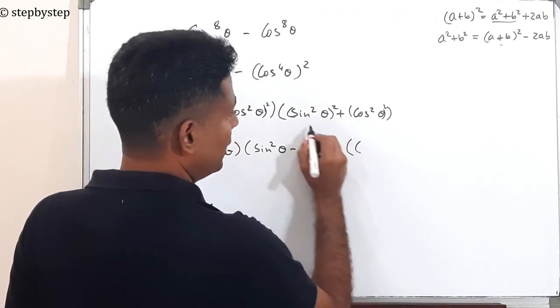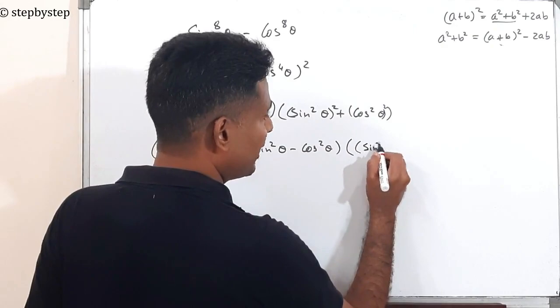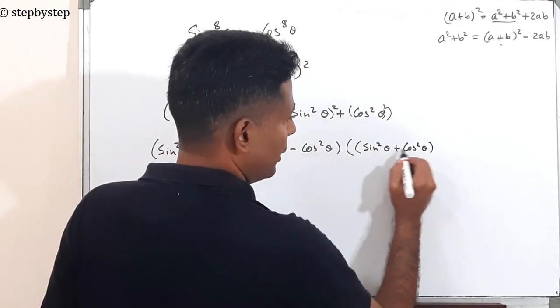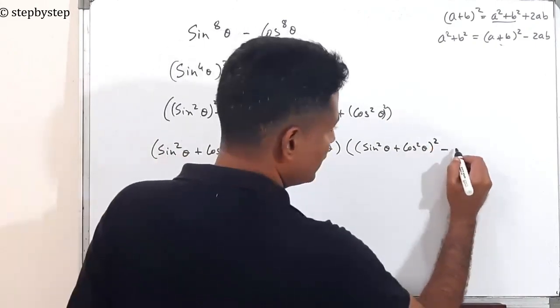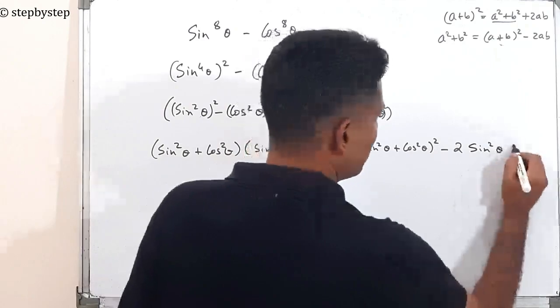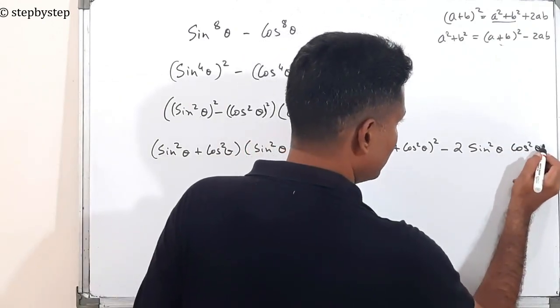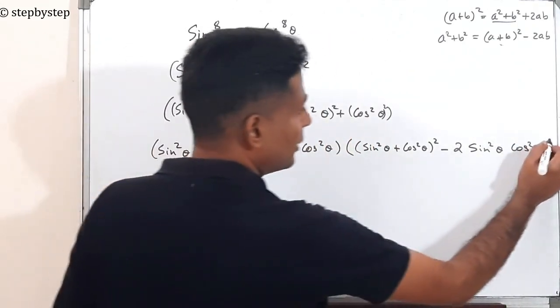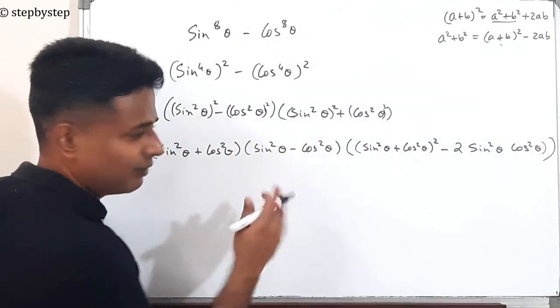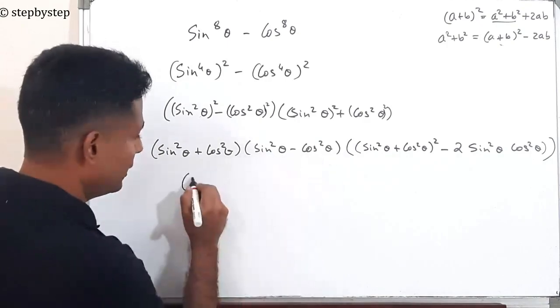So a plus b, our a is sine square theta plus b is cos square theta, a plus b whole square minus 2ab. So minus 2 into a is sine square theta, b is cos square theta, right? So we got this. Now sine square theta plus cos square theta is 1. 1 into everything is itself. So what is remaining here?